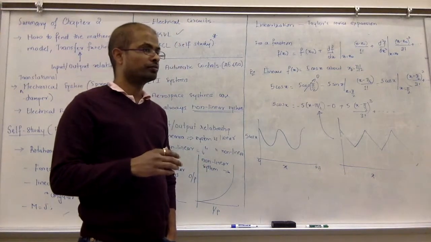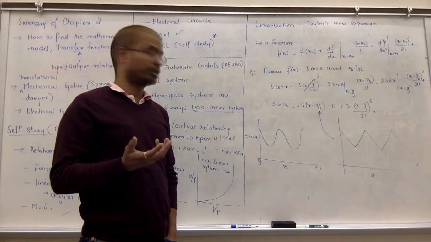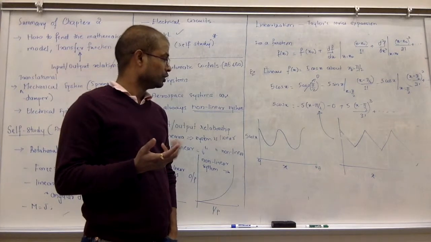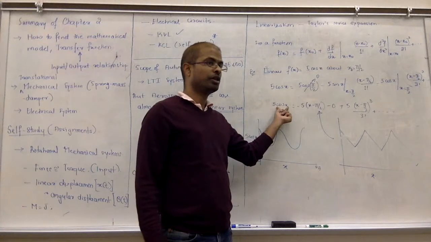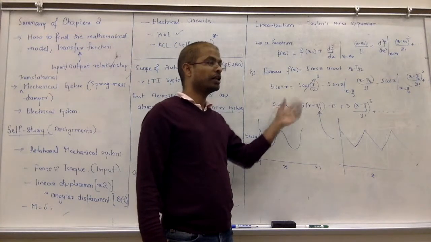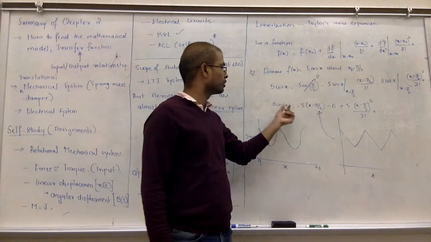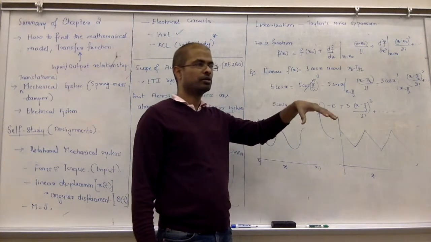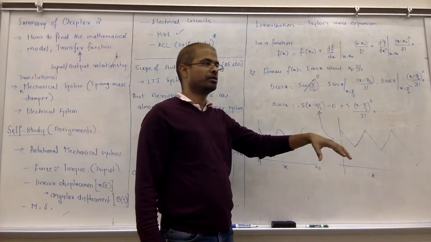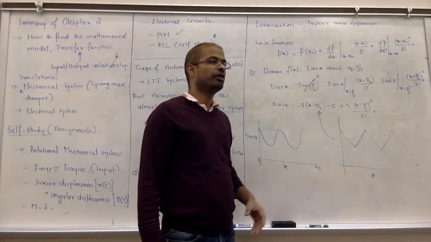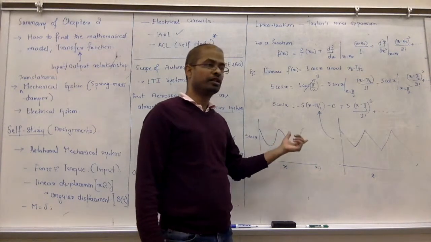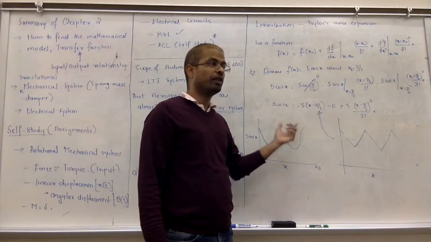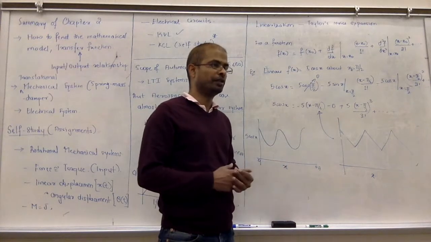Does the computer understand the differentiation of cosine x? Unless it is told that the differentiation of cosine x is minus sine x, by itself it will never understand. However, it will know how to linearize. You don't have to tell it because it's built that way.